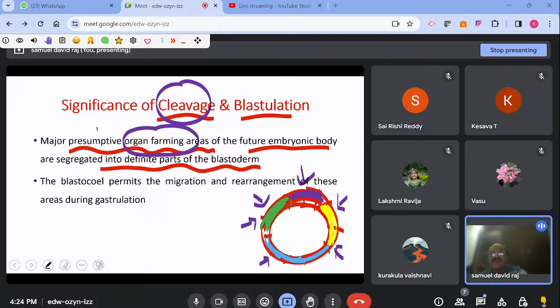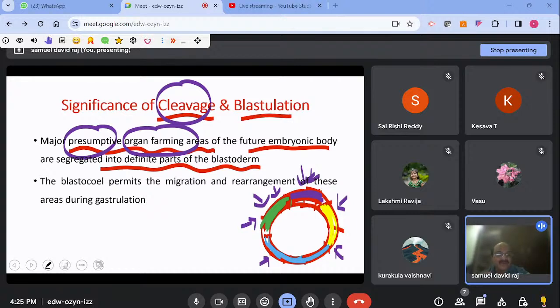We call them presumptive. That means these are the first organ forming areas from which the future organ forming areas are formed. And cleavage and blastulation permit the migration of these cells. One is the formation of the major presumptive organ forming areas, and the second one is migration of the cells. What happens after blastulation?